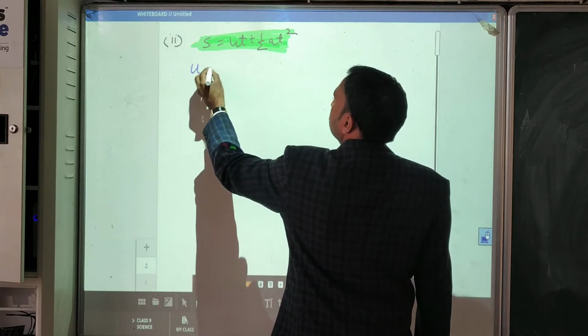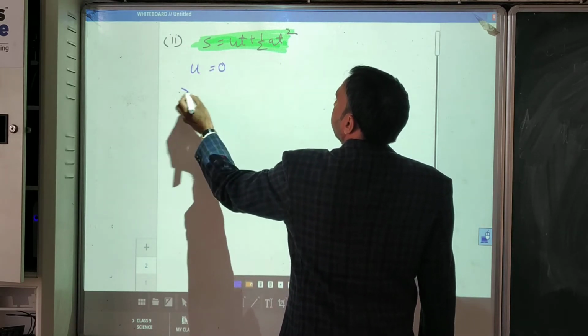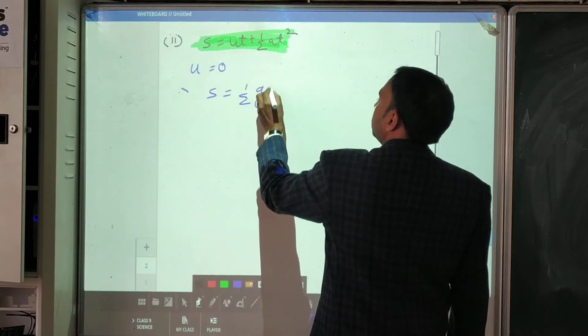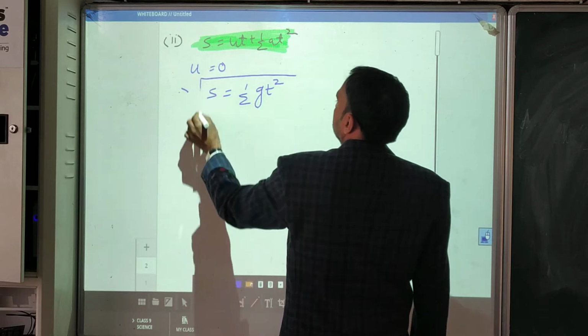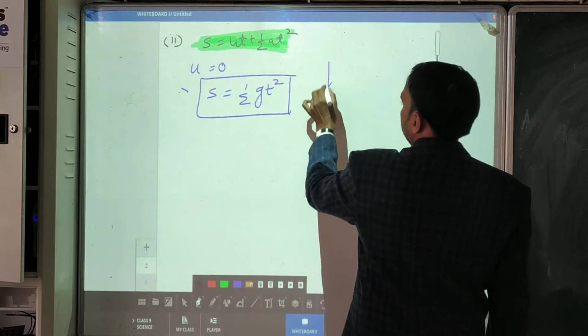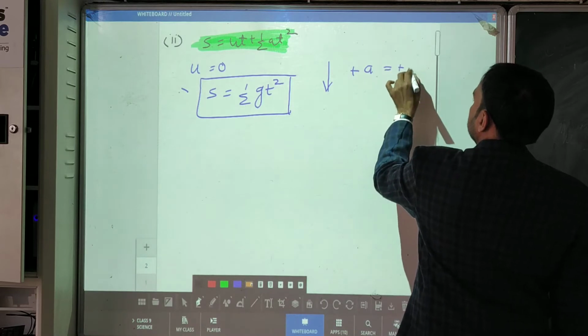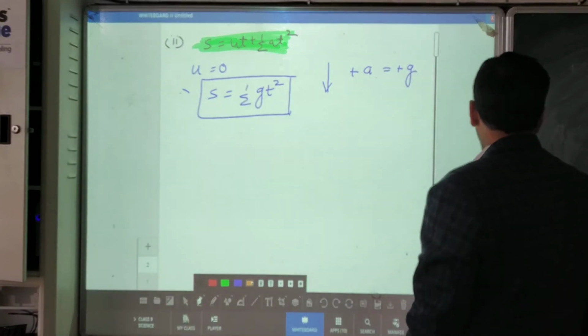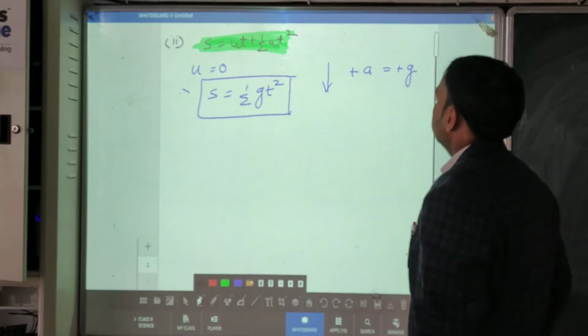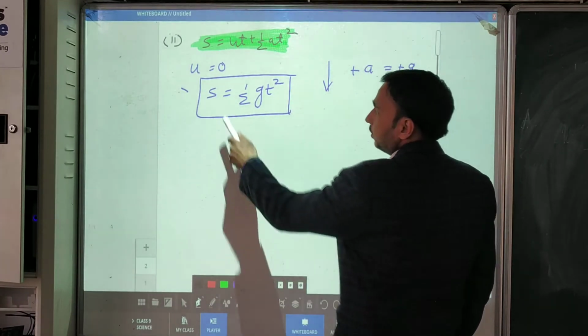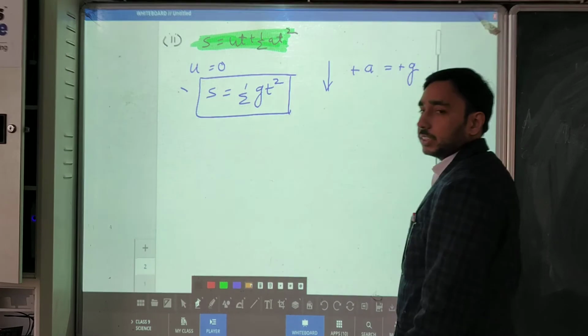Since u is equal to 0, S is equal to half of g t square, because for downward motion we always take acceleration as plus g. Therefore we can say that the displacement of the body is proportional to the square of the time.